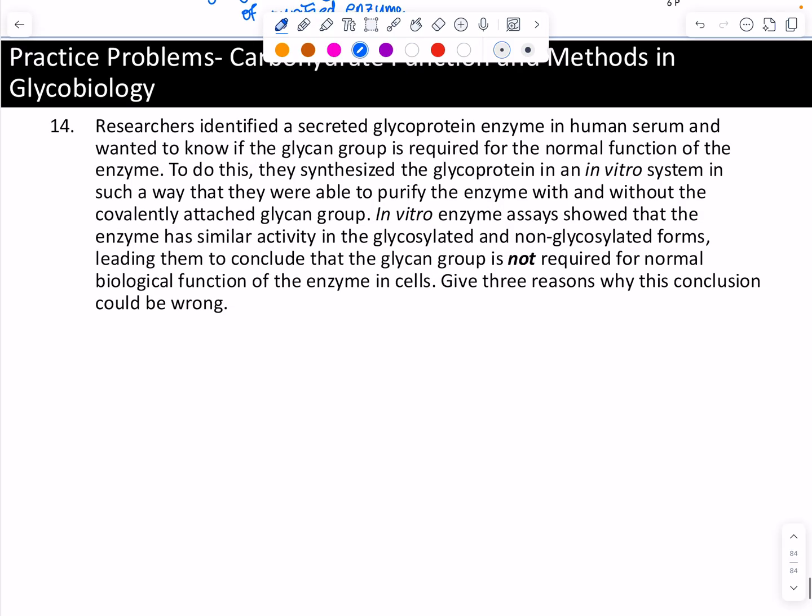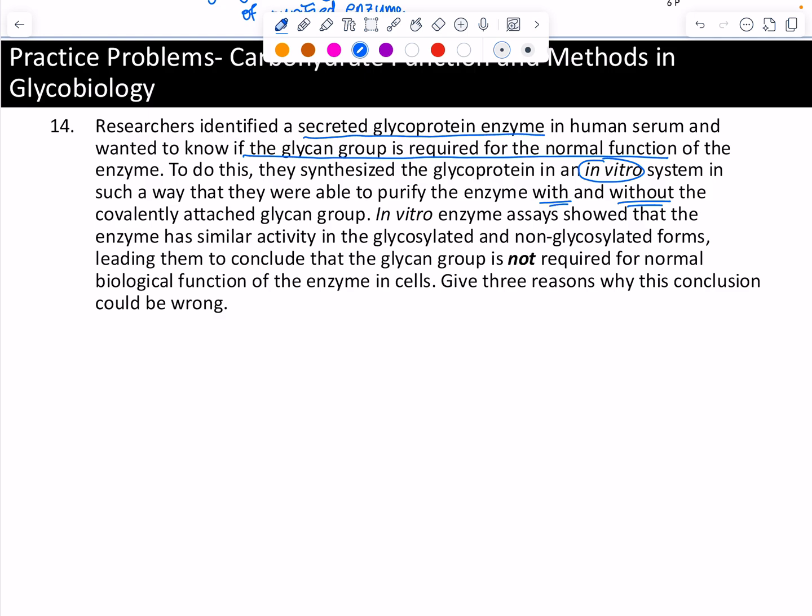Okay, so last thing. Researchers have identified a secreted glycoprotein enzyme, and they want to know if the glycan group is required for the normal function. So to do this, they make the glycoprotein in an in vitro system, which means they do it outside of cells, okay? And they purify the enzyme, and they do it with and without the attached glycan group.